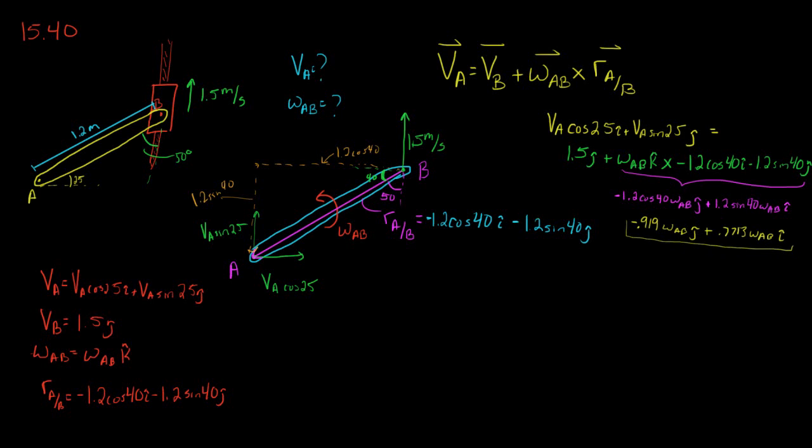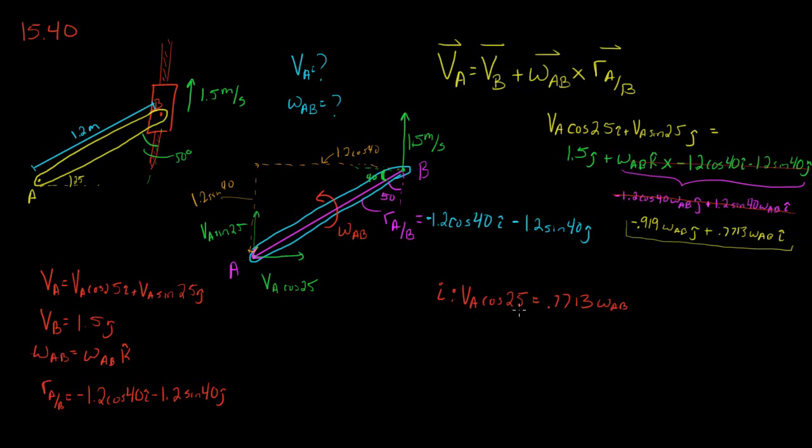Now I want to take my i and j components, and with my i components I'm going to have VA times the cosine of 25, which is equal to, this is a j component, so this is this velocity equation, it's just broken up into two lines. So it's going to be equal to 0.7713 omega AB.